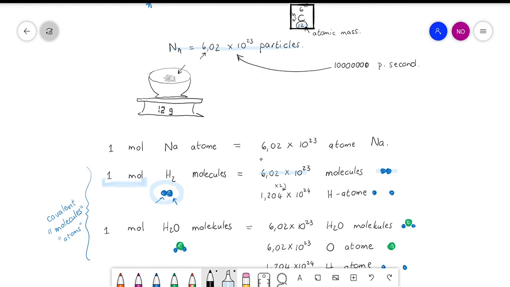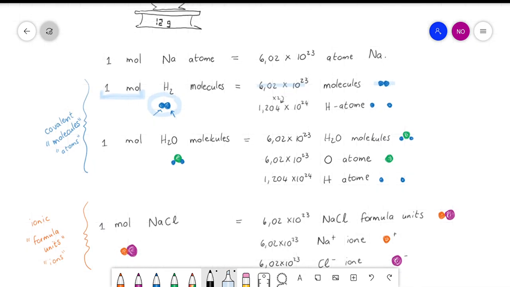Goed, as ek dan aangaan en ek sê 1 mol watermolekules, then it means this 1 mole represents that amount of water molecules. Avogadro. But now I can go and I split it up. So I can say in each water molecule, I have 1 oxygen. So I have that amount of oxygen atoms.